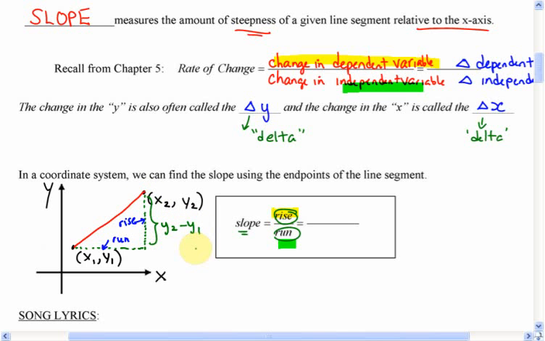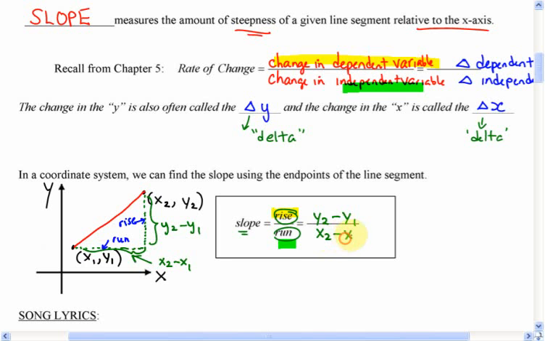Please write that down. And because this represents the rise, in the box over here, I'm going to write down y2 minus y1 to represent the rise. How about the run? x2 minus x1. Bravo. So the run is the difference between your x2 and your x1.